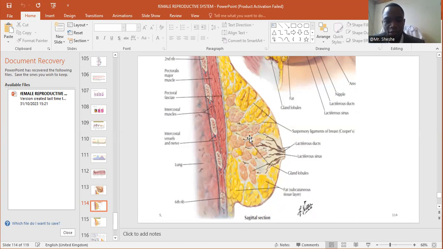Okay. Usually those women who have not breastfed, the breasts are more firm and more standing because of these ligaments. But with development of the breast and maturation during pregnancy, a lot of fat goes in there, and therefore the breast cannot stand anymore like it was.